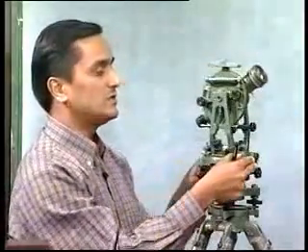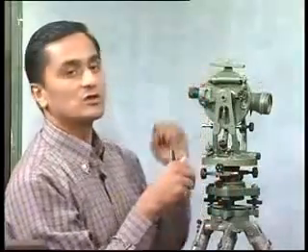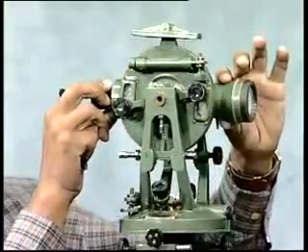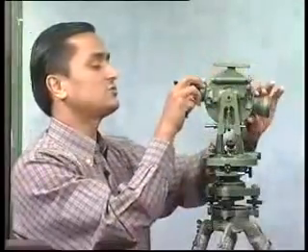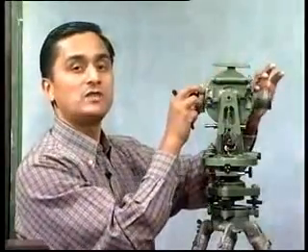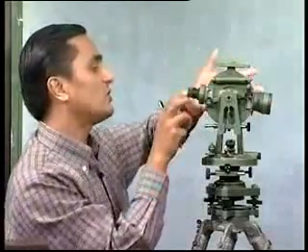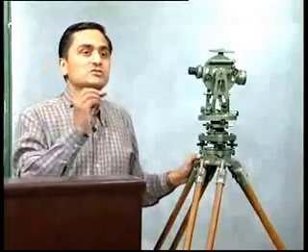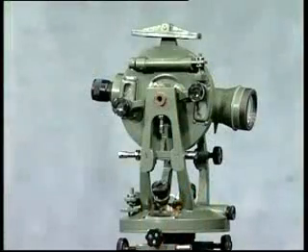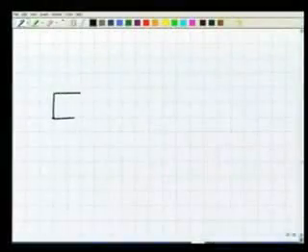You can see here, similar to the horizontal case, in the vertical also we have a plate attached to the telescope. If I am rotating this telescope, along with this, a plate is also rotating.